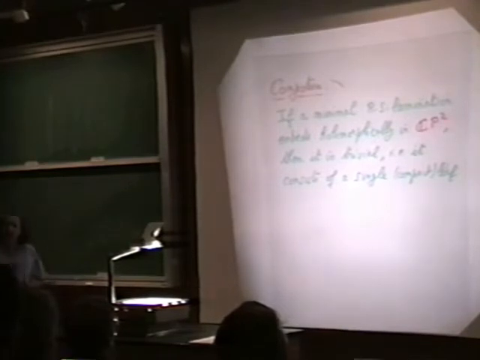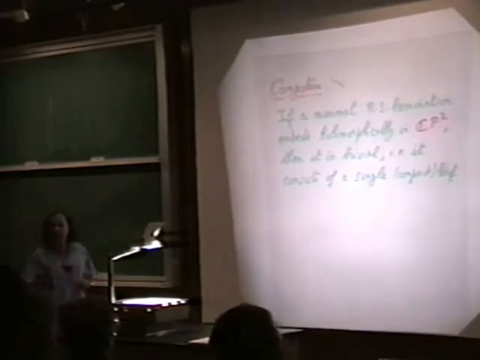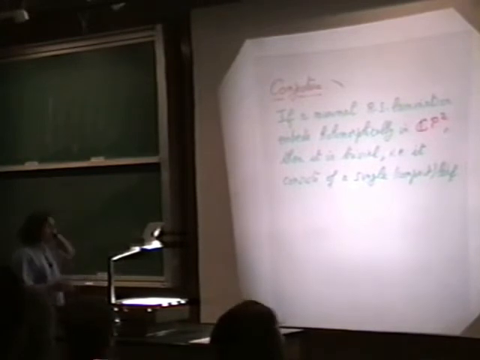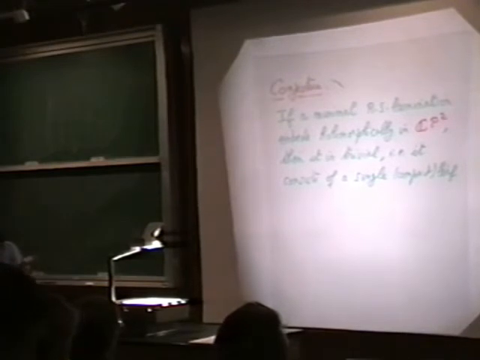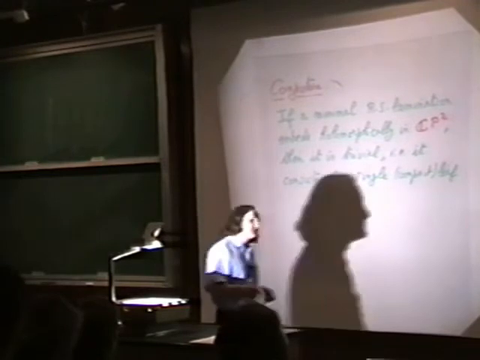The question is, show or disprove that this lamination has to be trivial in the sense that it reduces to just a single leaf, a single compact Riemann surface, the trivial case. So that's another way of thinking of this.